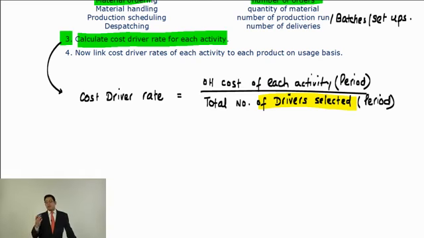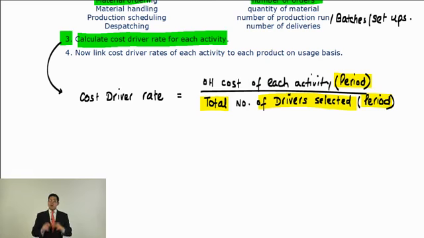If the drivers are given for each product, please calculate the total number of purchase orders, or total number of inspections, or total number of runs, or total number of the driver for the period. Then afterwards you can calculate this rate. Make sure it has to be the total number of the driver for the period, because the overhead cost is given for the period.